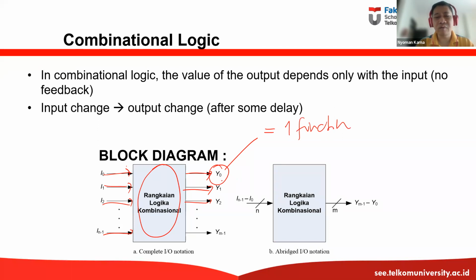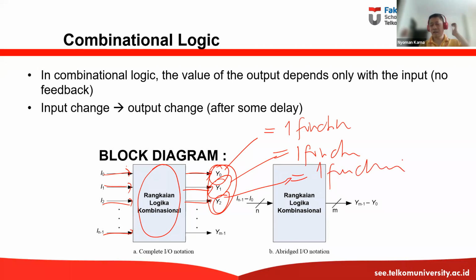Let's say we have a combinational circuit that has 3 outputs, Y0, Y1, and Y2.